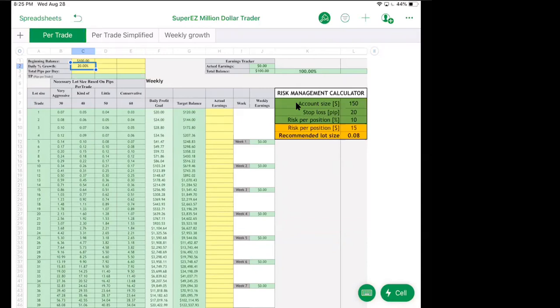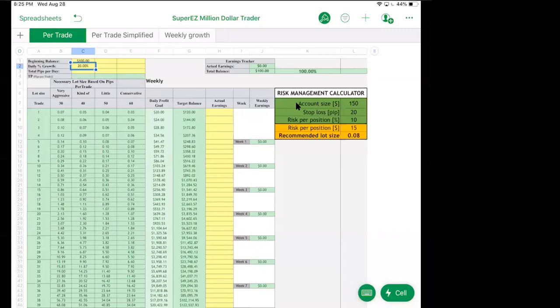So line by line we go. My question probably for the rest of the people here is, how do you decide? For example, your first line is that your daily profit goal is $20, and then your target balance is 120. If that goal is not hit, do you stay on that line?